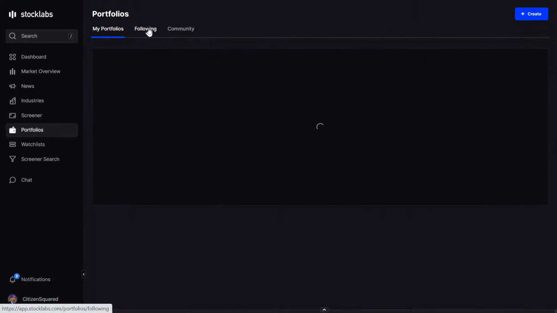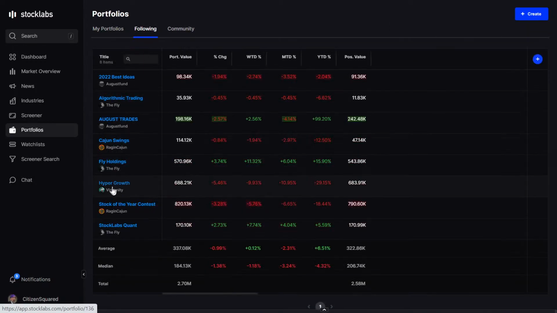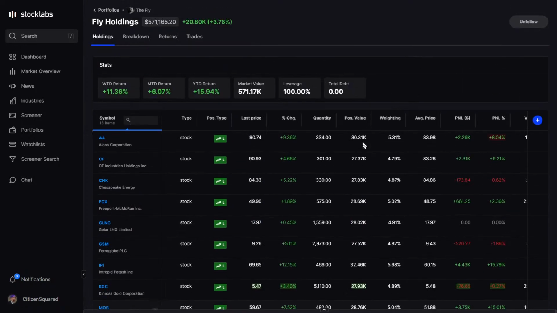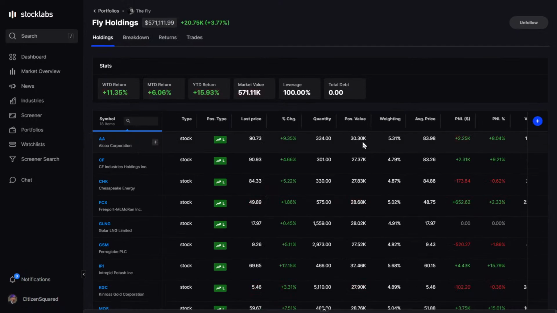Okay, we can go to portfolios. Here's Fly's current performance. So up over 11% for the week, pretty good. I don't really know off the top of my head what the market did. I think we're down like 2% or something for the week, maybe on S&P, just as a guess.